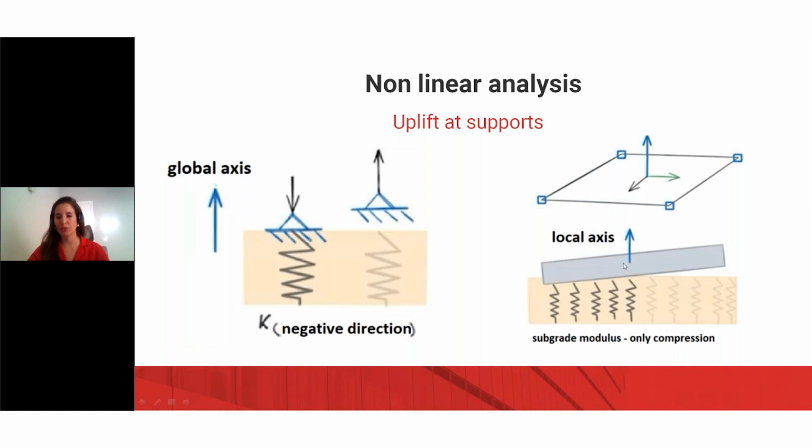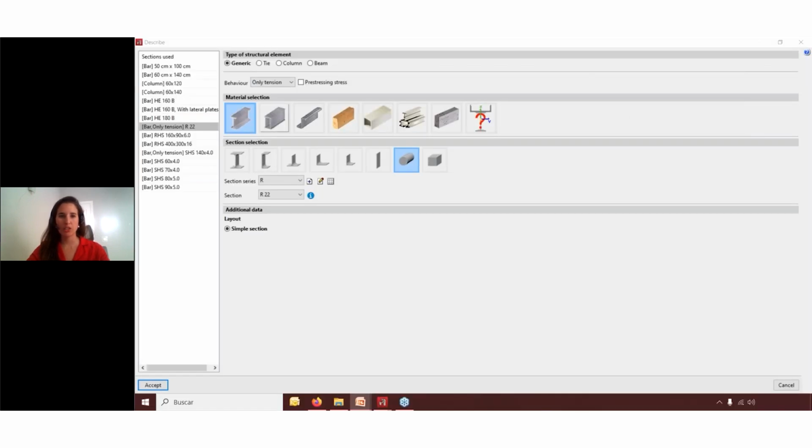The same is true for the shells: if they uplift, they won't be taken into consideration in the nonlinear analysis because they can only work in one way and one way only. So for this tie, the behavior only tension can be selected here. And as I said, in this version we can now set the pre-stressing stress on the bar.